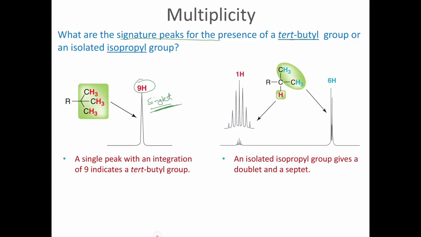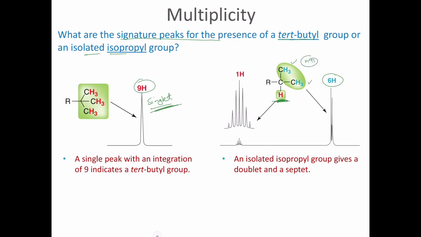If we do have an isolated isopropyl group, then we can have 6 protons. If there's a proton there, this proton is going to show up as a multiplet, a septet to be specific, because we have 6 protons adjacent, so we employ the n+1 rule.